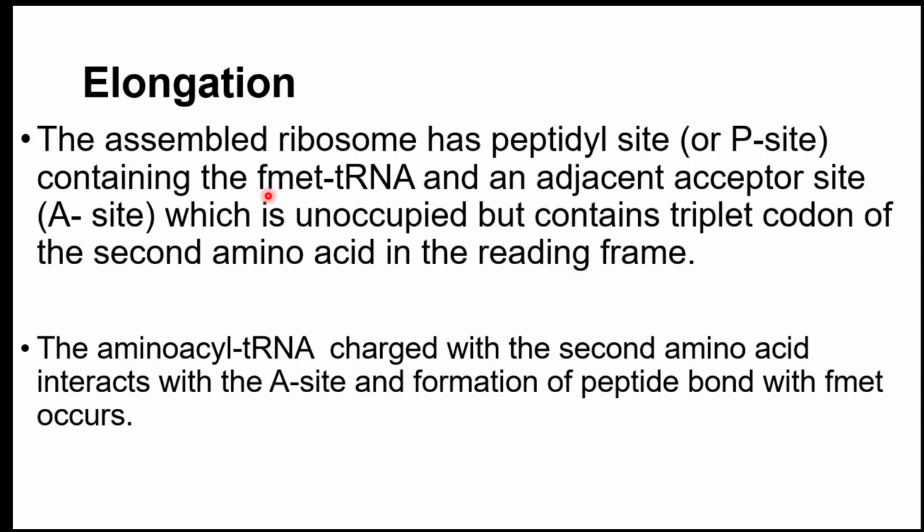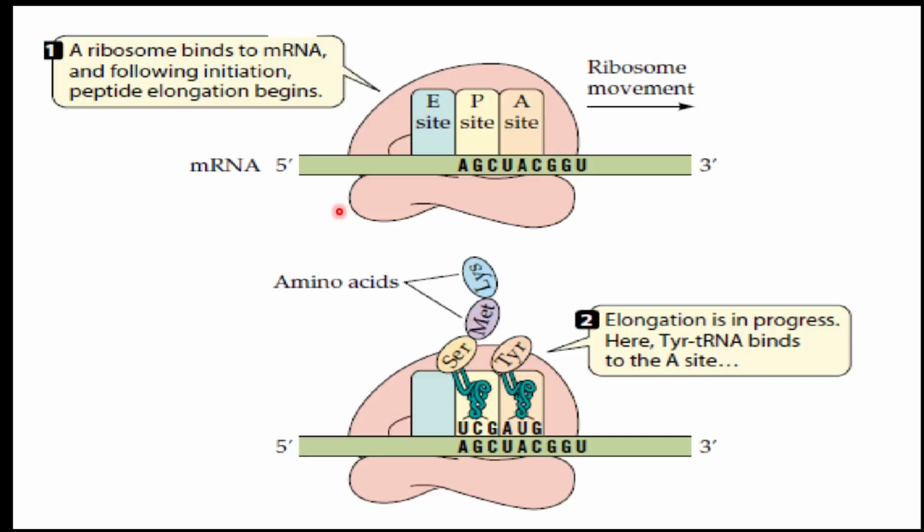We've looked at these peptide bonds and how they are formed between the amino acids. So that bond is going to be formed. So that is roughly what happens during elongation, and they'll keep moving.